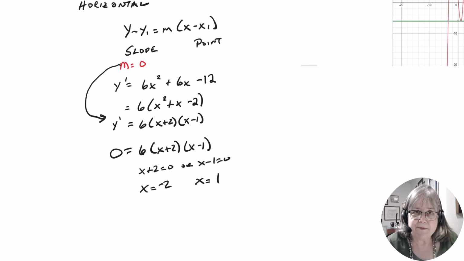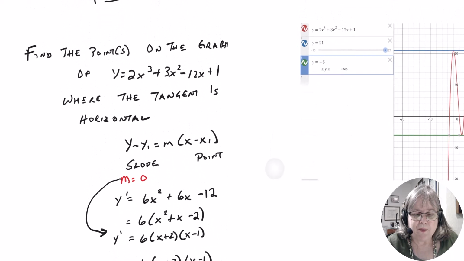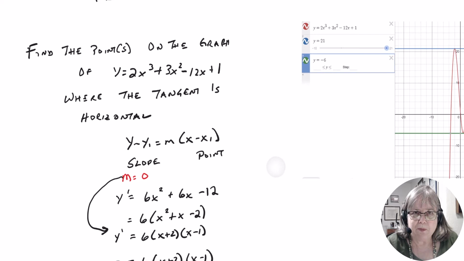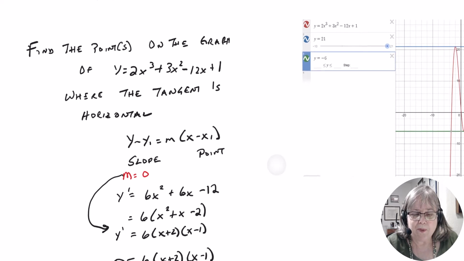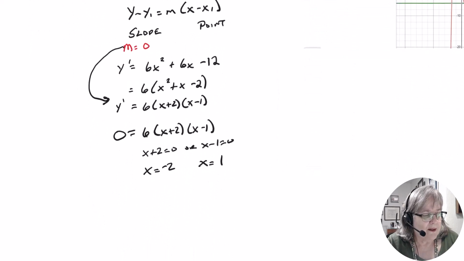Now, this says find the points on the graph. So normally when somebody means points, they mean an ordered pair. Let me write this down again where you can see it.